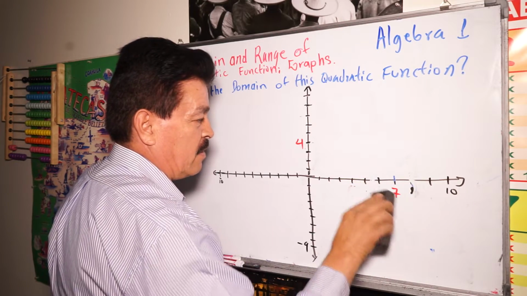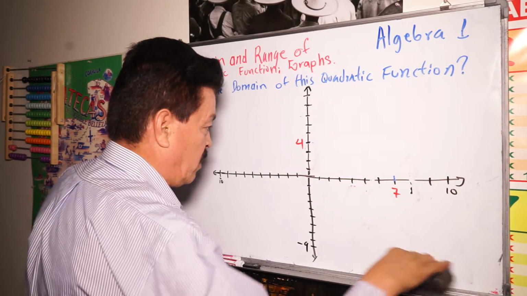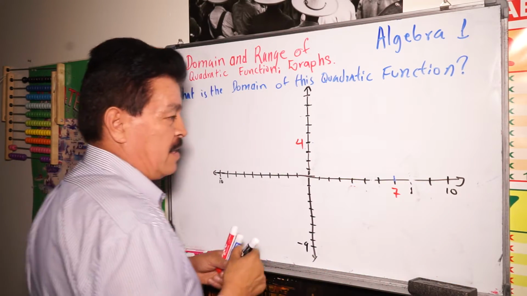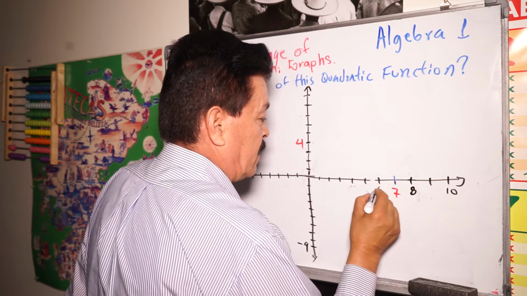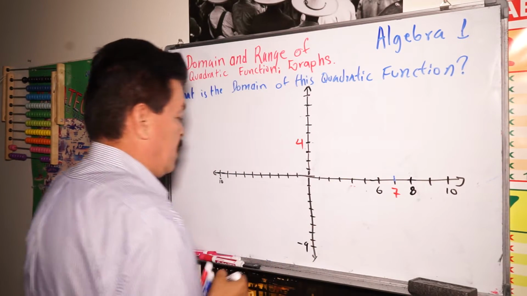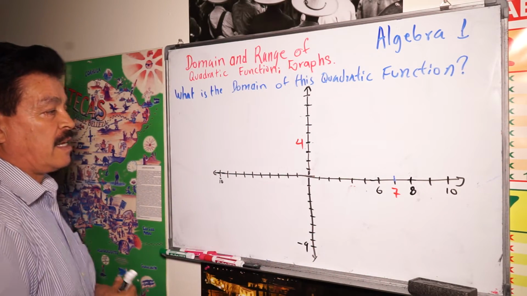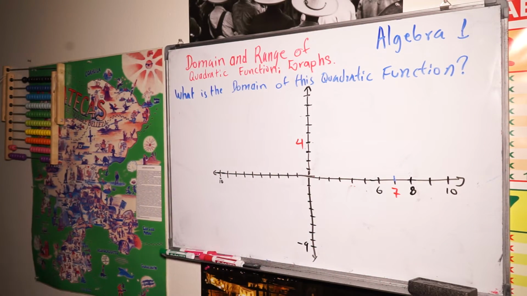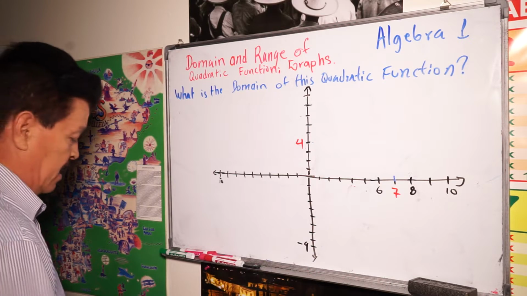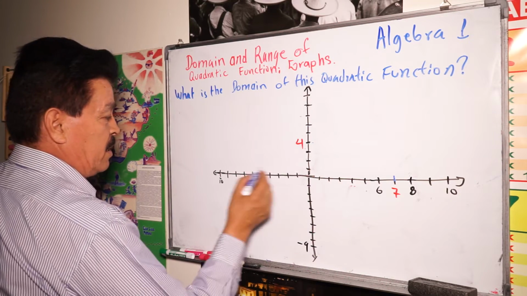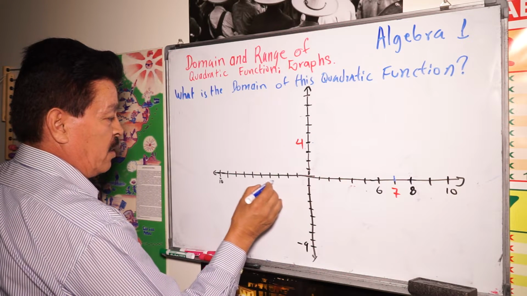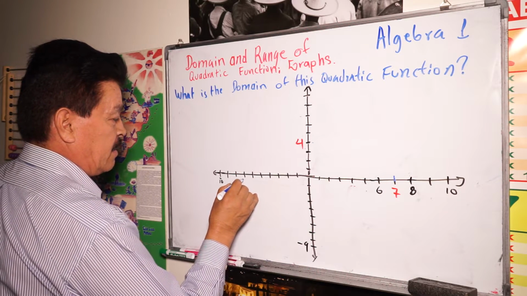I'm going to use the same graph, with 8, 6 right here. Let's make another little graph right here, and I want to use this number: 1, 2, 3, 4, 5, 6, 7.